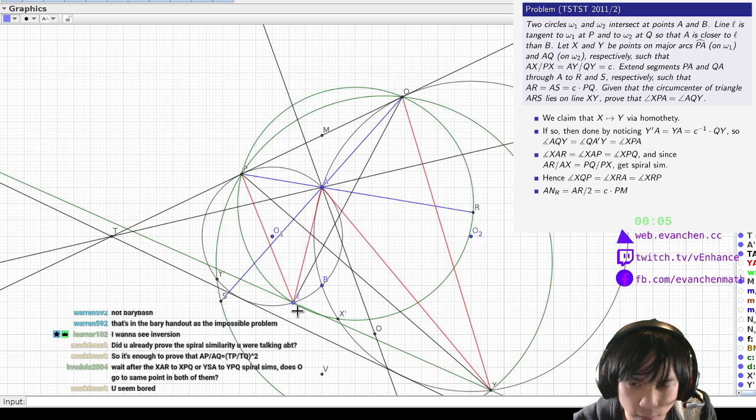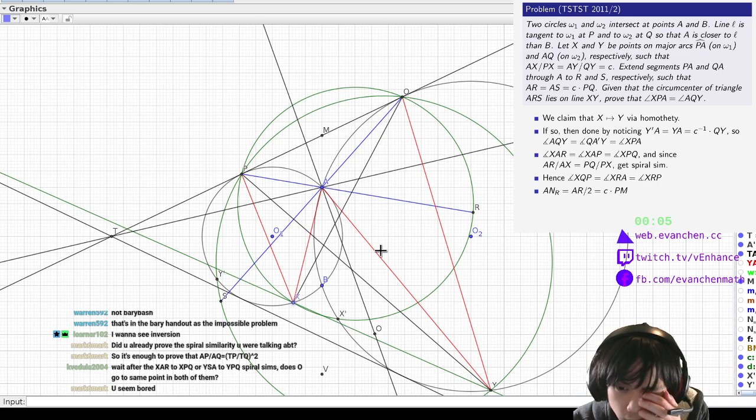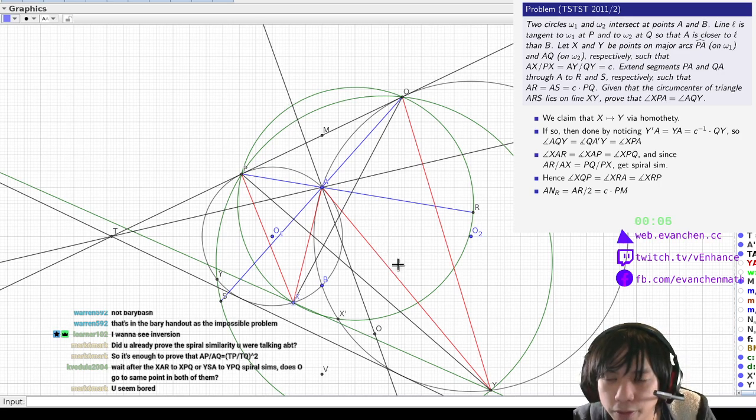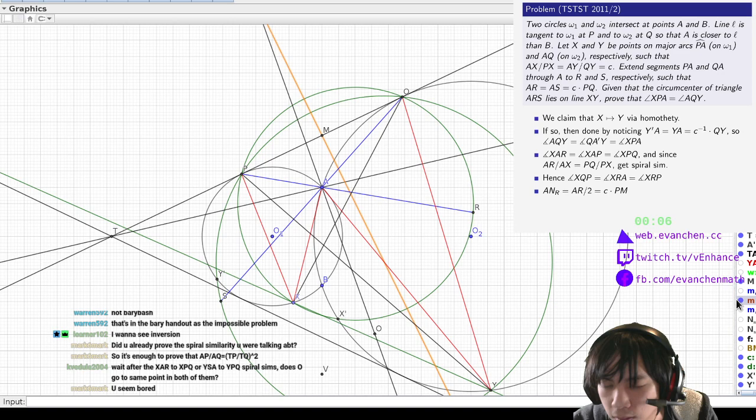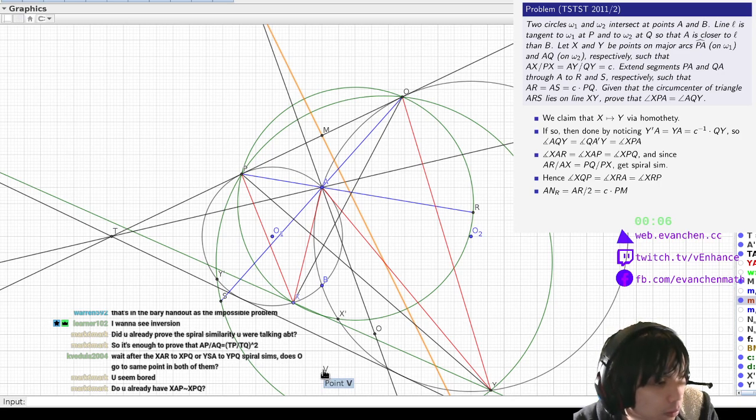The heck? O goes to the same point in both of them. So if I take XAR to XPQ through O, it lands on some point. How do I determine that point? Yeah, XAP... Wait, what?